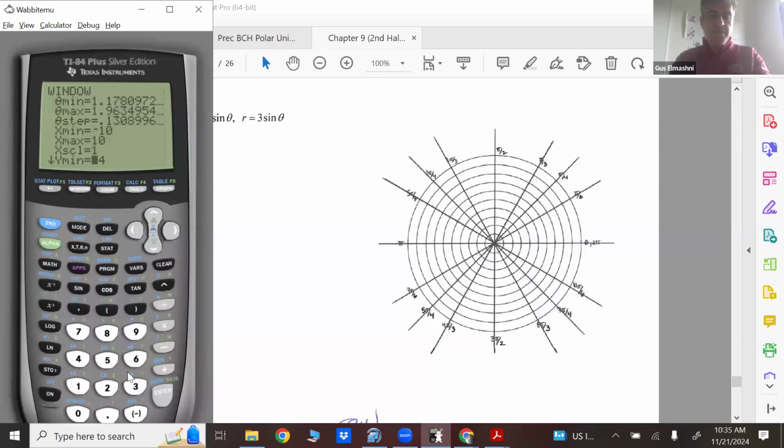Correct, radian and polar. Oh, 0 to 2 pi. Okay, so we got that right. Then if I graph the next one, which is 4 minus 5 sine theta, so we got this right.